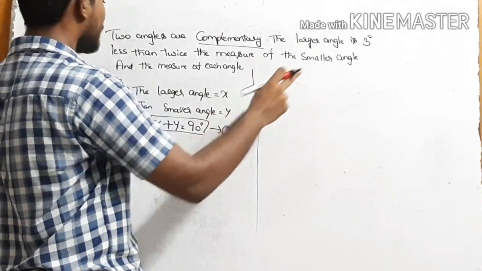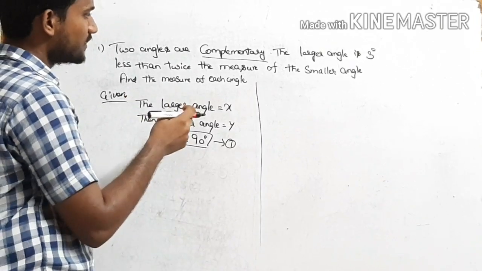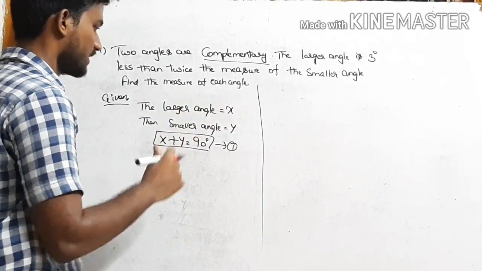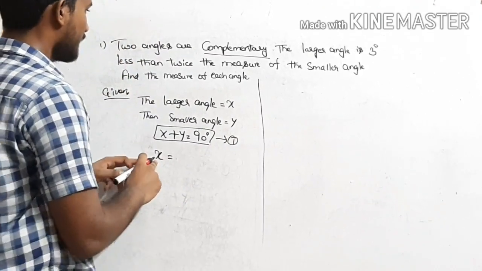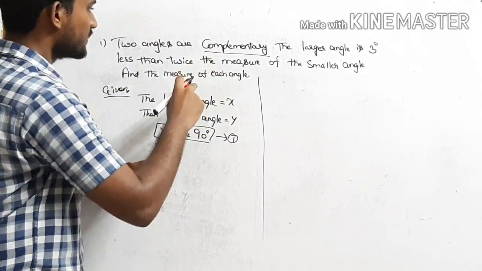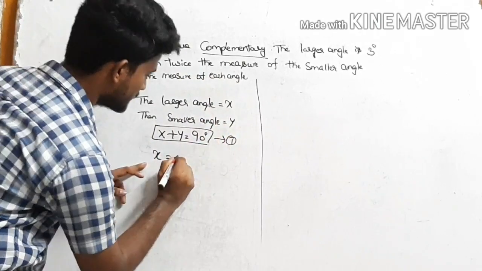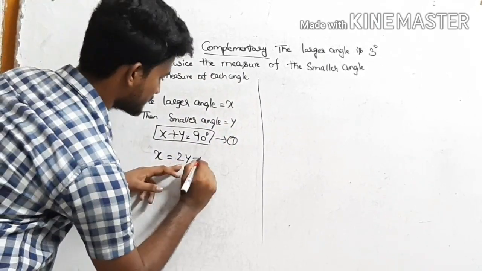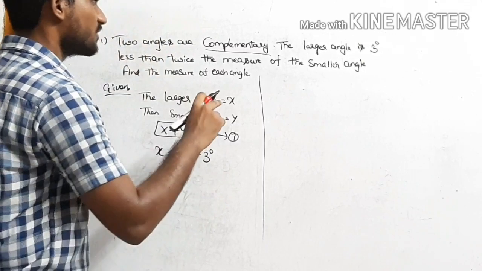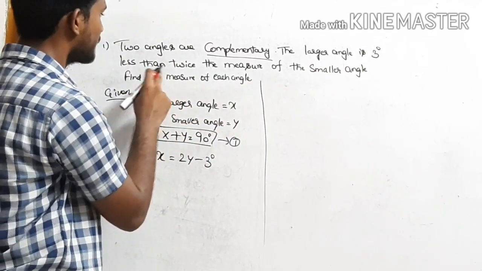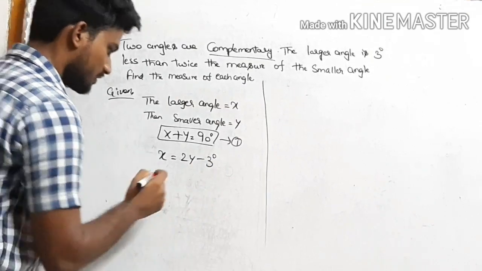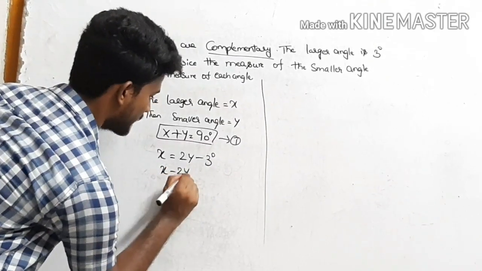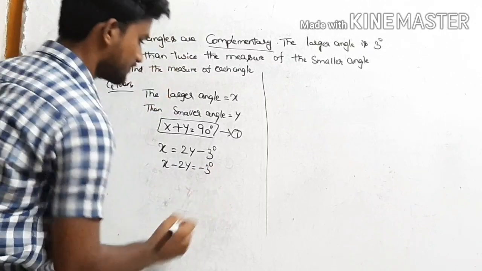Next, the larger angle is 3 degrees less than twice the measure of the smaller angle. Then we can write x equals, x is the larger angle, twice the smaller angle 2y minus 3 degrees. Then we can write x minus 2y equals minus 3 degrees.